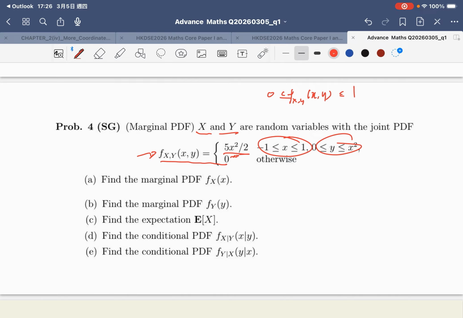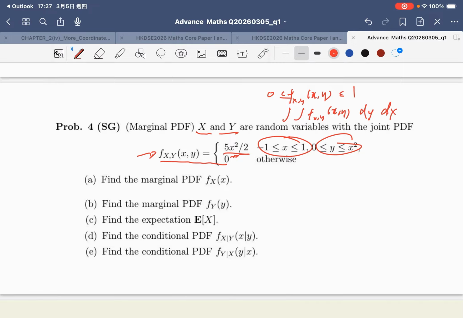On the other hand, because it is continuous, you can do the integration. It is a double integration of f(x,y). Here I try to do dy first and then dx.